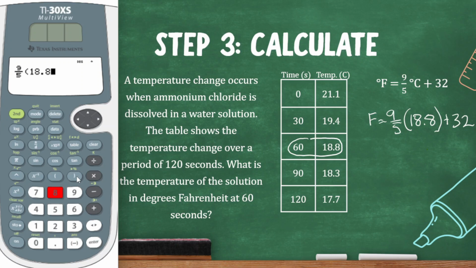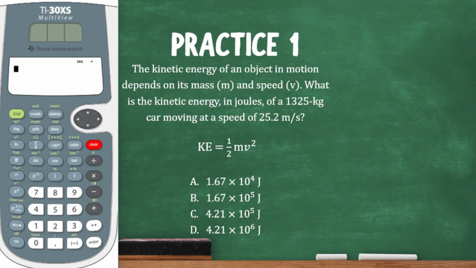Close the parentheses, and then plus 32. And there it is. That's my temperature in Fahrenheit. So F equals 65.84 degrees.